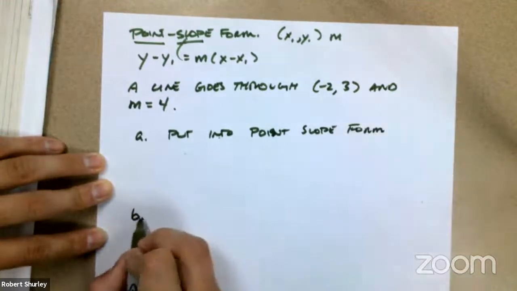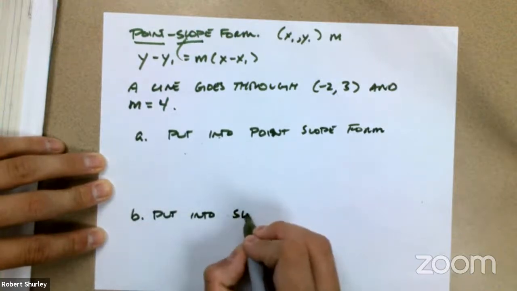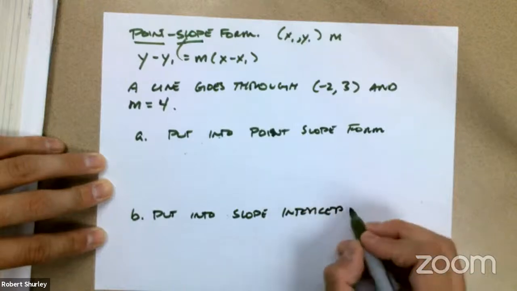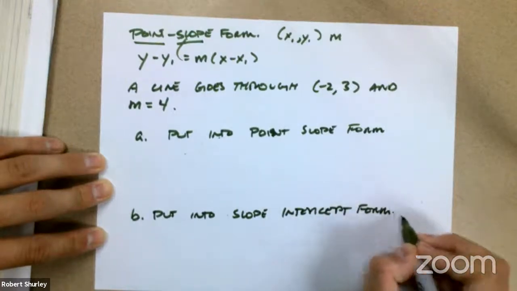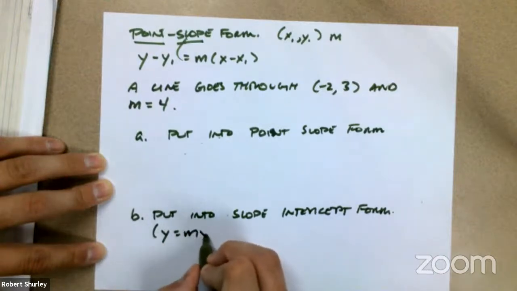Now part B, we're going to put it into slope intercept form. Slope intercept form, if you can't remember off the top of your head, is y equals mx plus b.